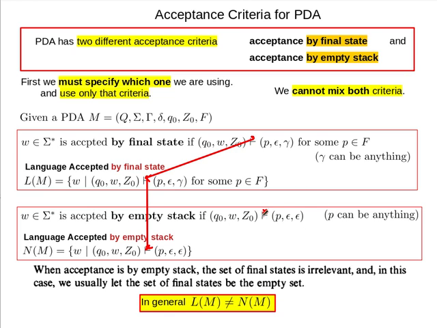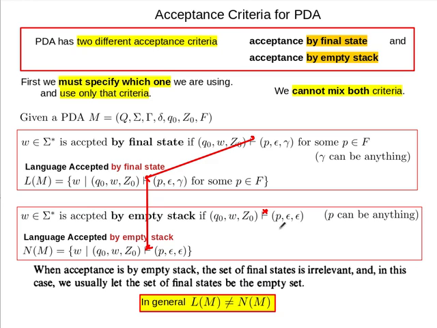And when we are using this, it really doesn't matter what the set of final states is, because we are not using that capital F anywhere if we are using the criteria for empty stack, right?